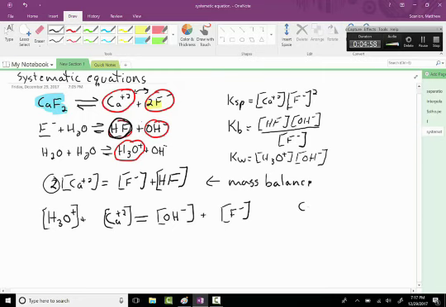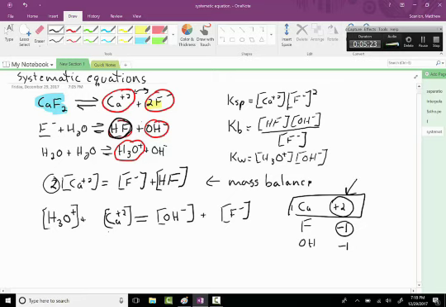Now, here's the deal. For every calcium atom, I have plus 2 charges there. So if I have 1 calcium, I get 2 positive charges. If I have a fluoride, I only get a negative 1 charge. Only 1 charge for the fluoride. Likewise with OH, I only get a negative 1. But the calcium gives me 2 positive charges.